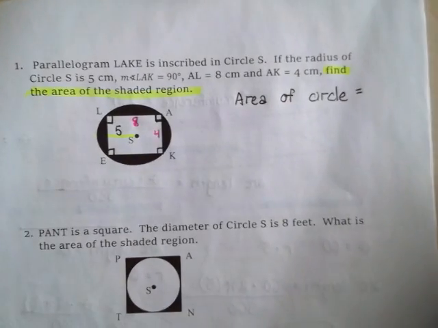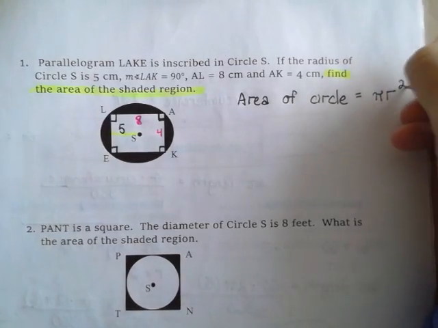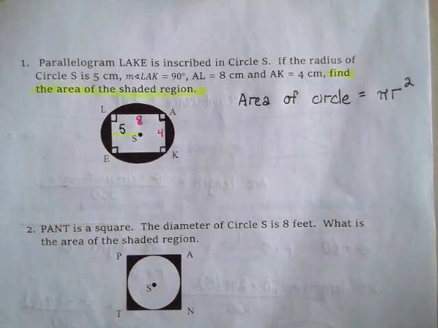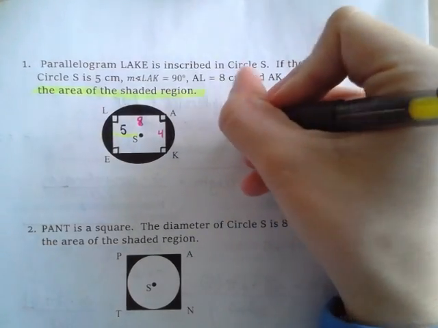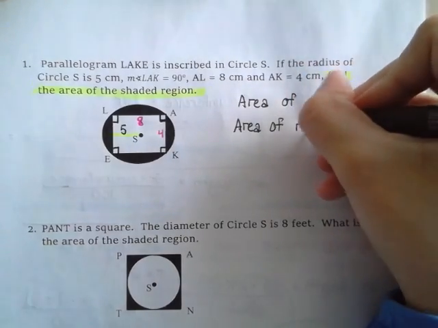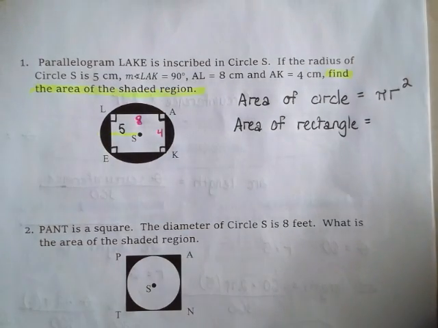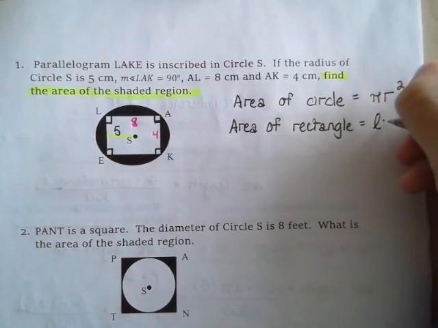The formula for the area of a circle is pi r squared. The second thing that we need to know is the area of a rectangle. And the area of a rectangle is length times width.